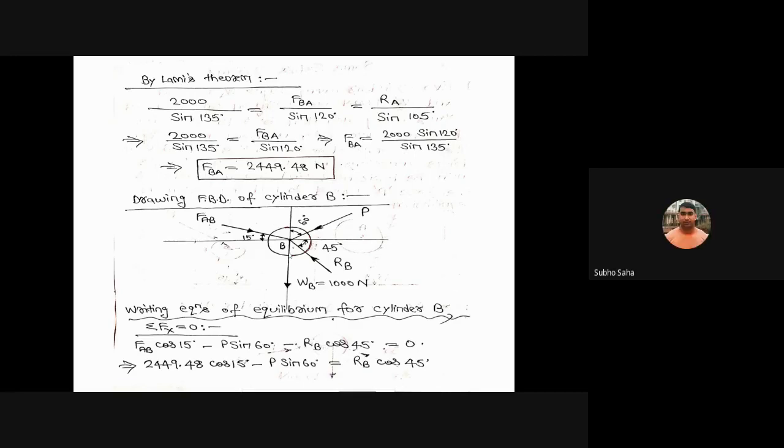No, sir, I cannot. Why I cannot? Because if you see, at point B, four forces are acting, and Lami's theorem is applicable for a three-force system. It is not applicable for more than a three-force system. Here the system comprises more than three forces.